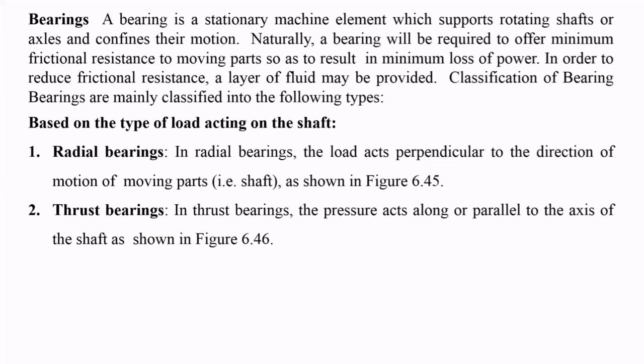Okay, you know what a bearing is; now, the different types of bearings and their use. Here we have different classifications of bearings. Based on the type of loading, we can classify the bearings into two types: radial bearings and thrust bearings.